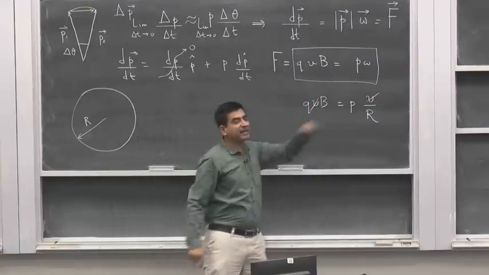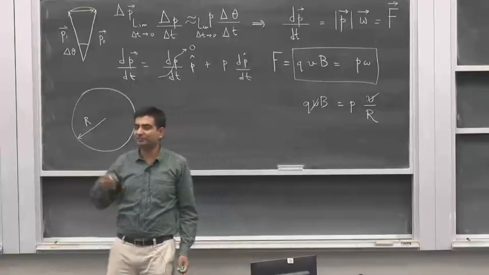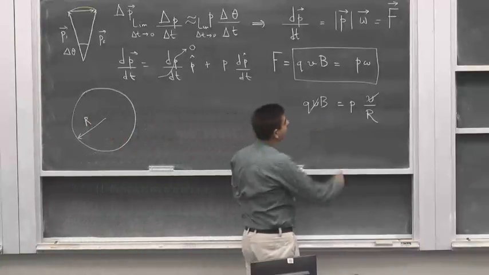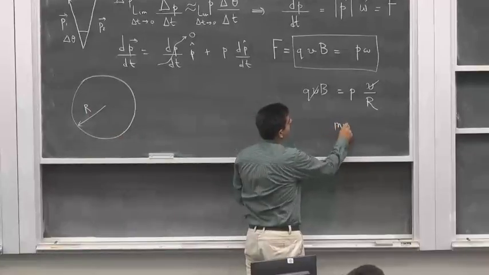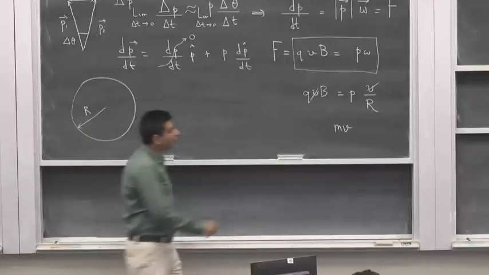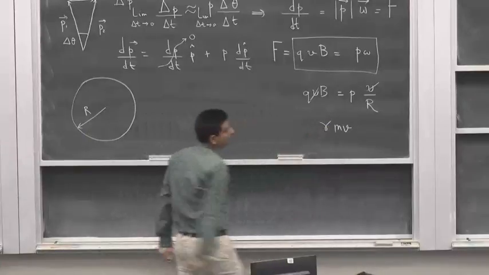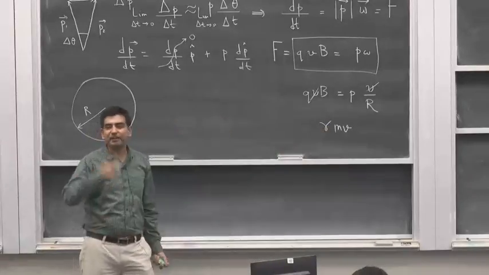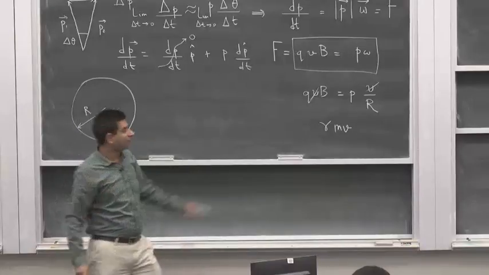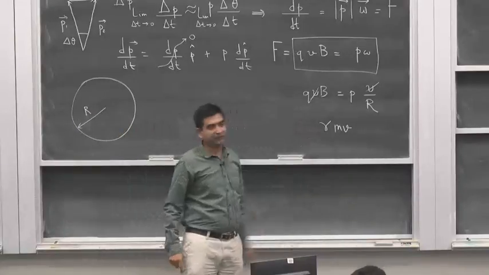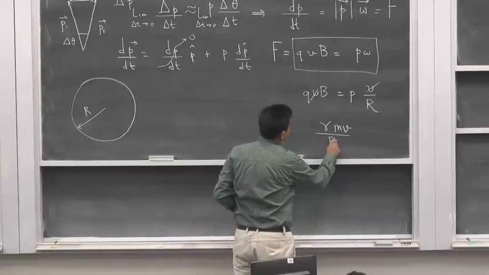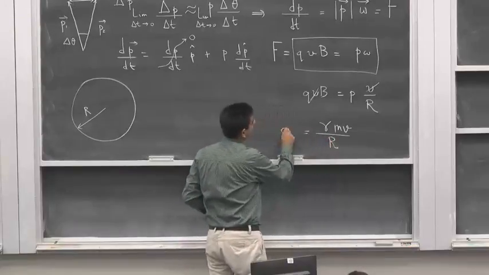But this momentum has a V inside it because momentum involves velocity. So if I replace P by mv, and I would also like to put a gamma with it in order to account for the fact that these particles can be moving at really high speeds as they do in particle accelerators, I have P equals gamma mv. So gamma mv over R equals QB.